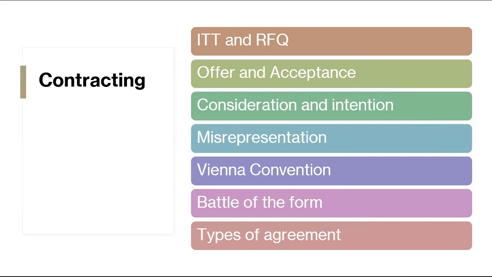Furthermore, there is a very small topic on misrepresentation, when the contract can be void. Here are the topics that you need to study and remember. In each topic, I will introduce some typical questions and how to answer them in the exam.